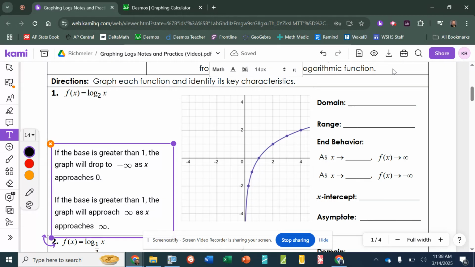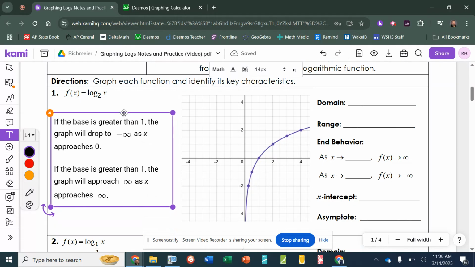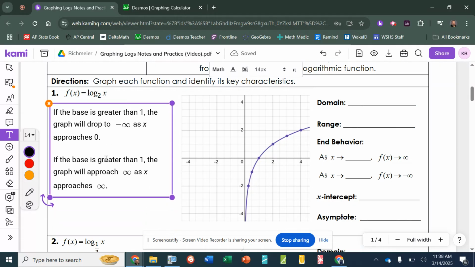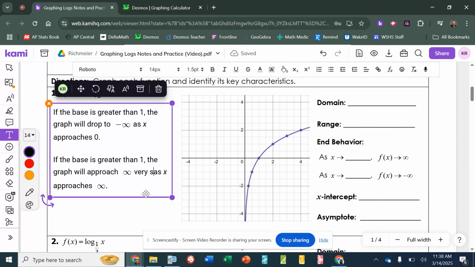Right? So we have x approaching 0 and x approaching positive infinity. Now, as x approaches positive infinity, the graph will approach positive infinity, and I'm going to add something in here, very slowly. Okay? So this thing never quite levels off, but it also doesn't grow really, really fast.